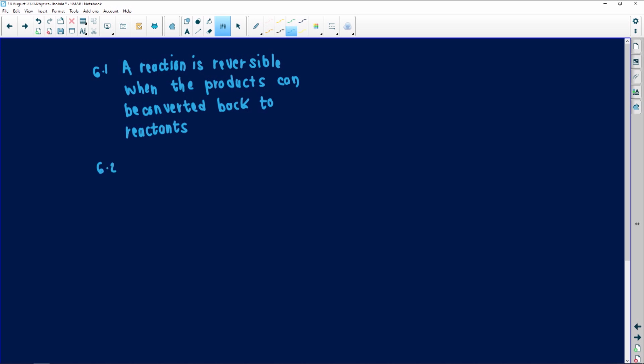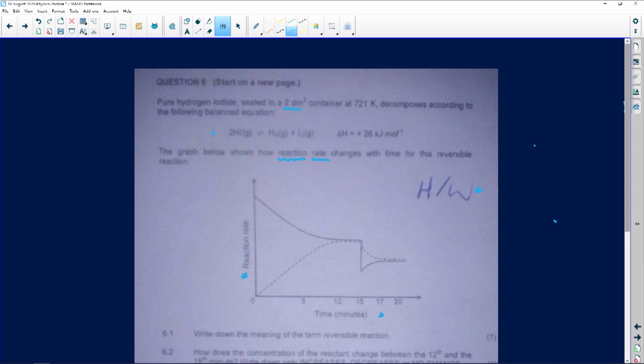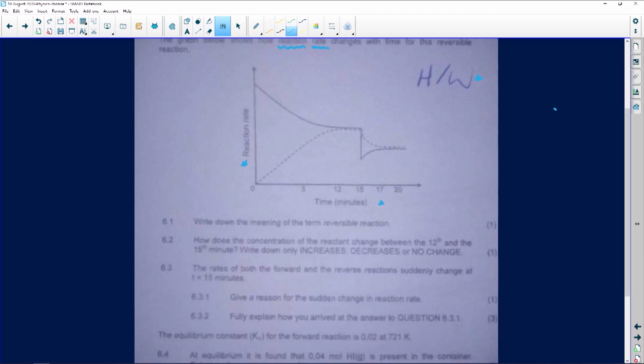Let's look at 6.2, the next question. It says, how does the concentration of the reactant change between the 12th and 15th minutes? If you're in an exam and you're feeling a bit confused, use highlighters.